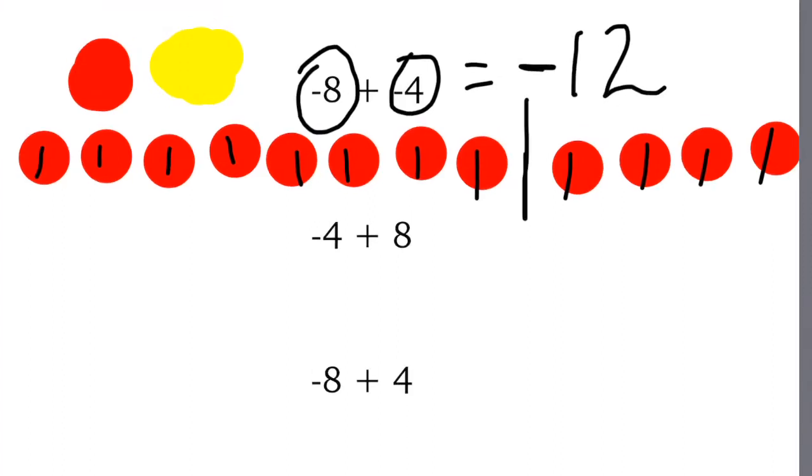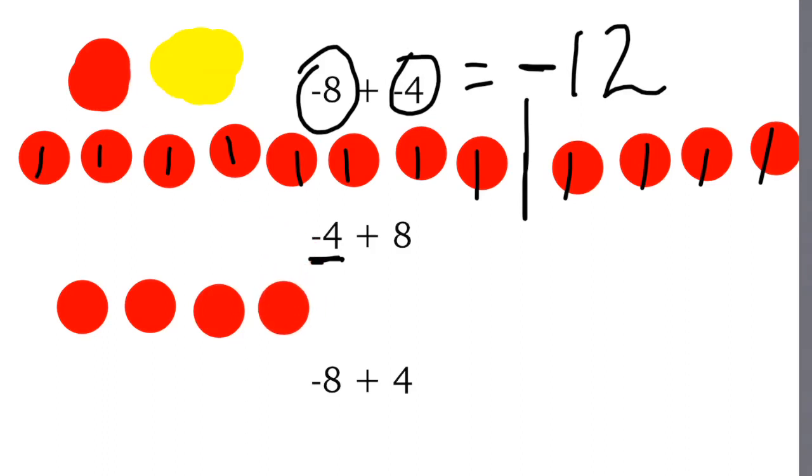So hopefully everybody had a chance at this point to try the second problem. So let's go ahead and start by putting out our counters. So we have -4. So I'm going to start by putting out 4 red counters, which represent my negatives. 1, 2, 3, 4. Then I have +8.